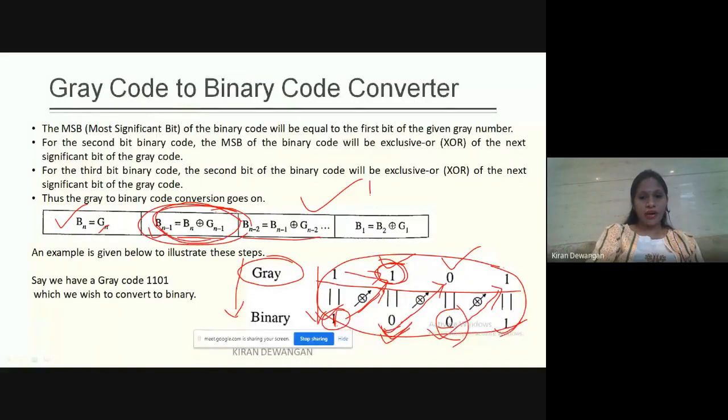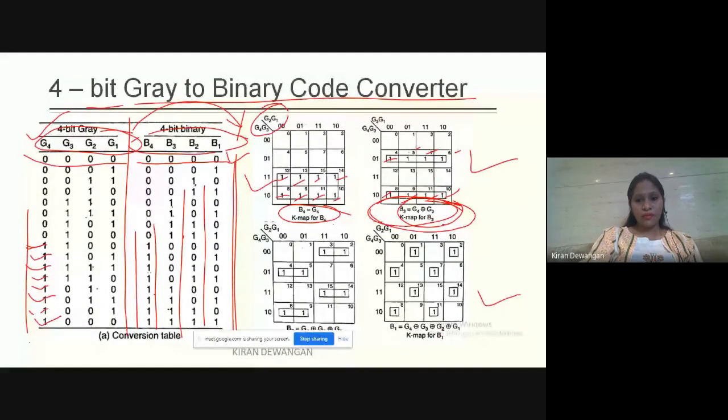If we have to write B3 here, what is B3 according to this expression? It will be B4 XOR G3. Right? It is B4 XOR G3. But what is our B3?